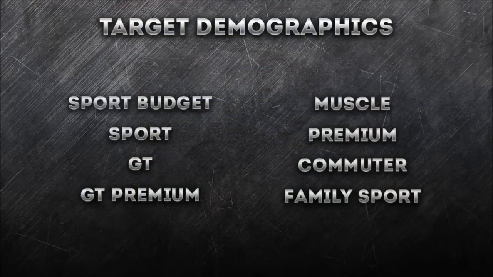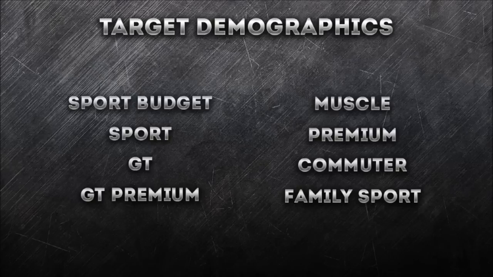The categories specifically we are going to aim for are the sports budget, the sport, the GT and the GT premium categories. And to compare them so that we see how large the overlap is, we also are comparing them to the commuter category, which has a very strong focus on economy and thus should not have too much overlap.